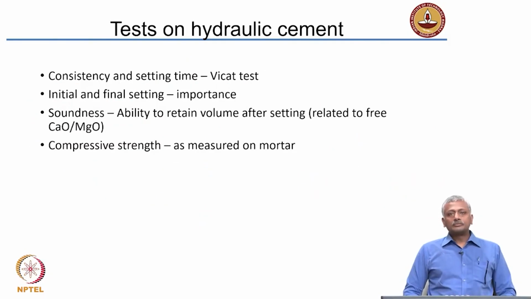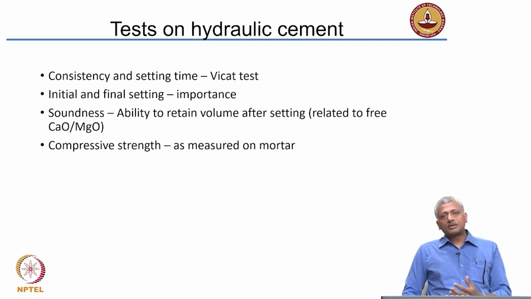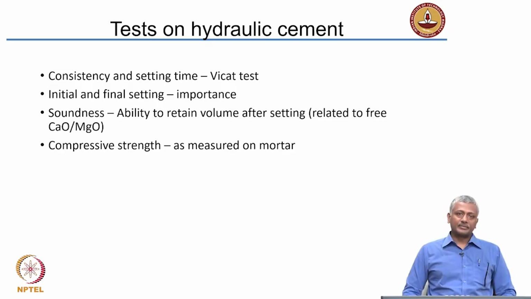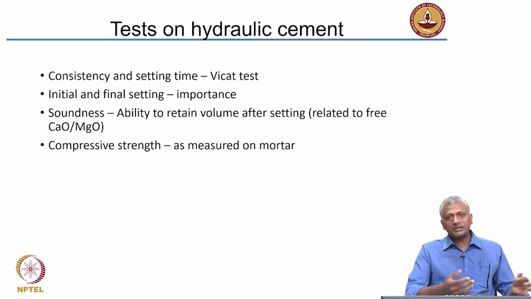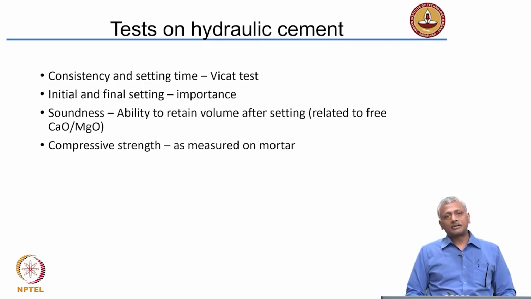Okay, so now you understood what the chemistry of cement is, how the compounds of cement actually react. What happens when cement comes to a job site? How does the contractor or the person who is actually doing the application of the concrete, how is the quality of this material ascertained?